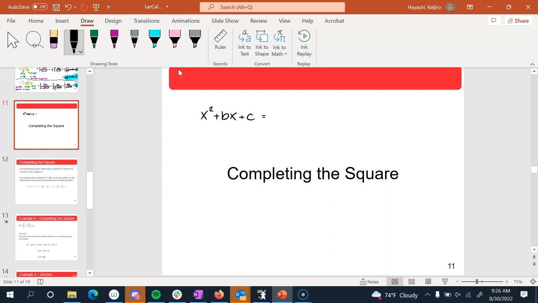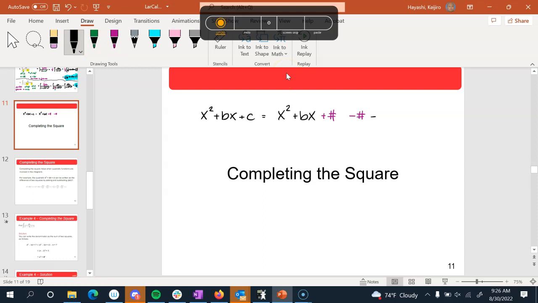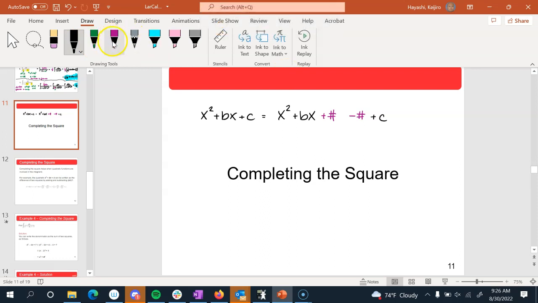Because you're going to add it, you're going to subtract the same number so that you don't change what the expression actually equals. So you're going to have x squared plus bx, and a number that you add here, and right after, you subtract the same number. Like add 2 and subtract 2, or add 9 and subtract 9. And that's the basis of completing the square.